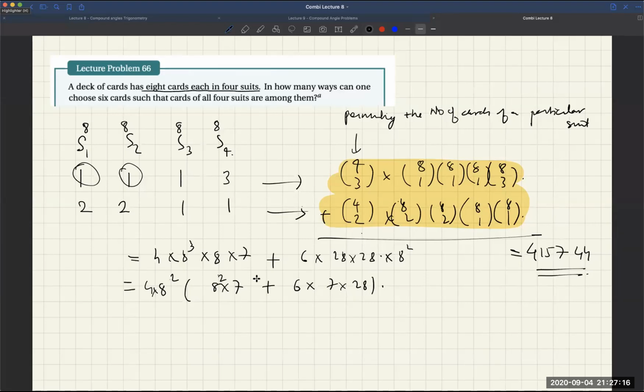I can use the calculator. I can take 7 also outside.